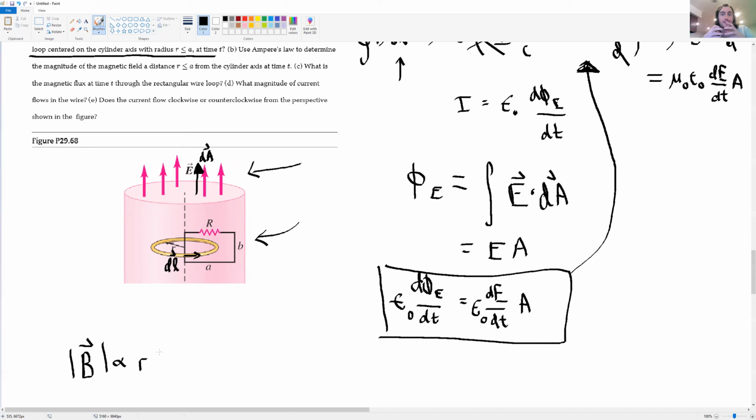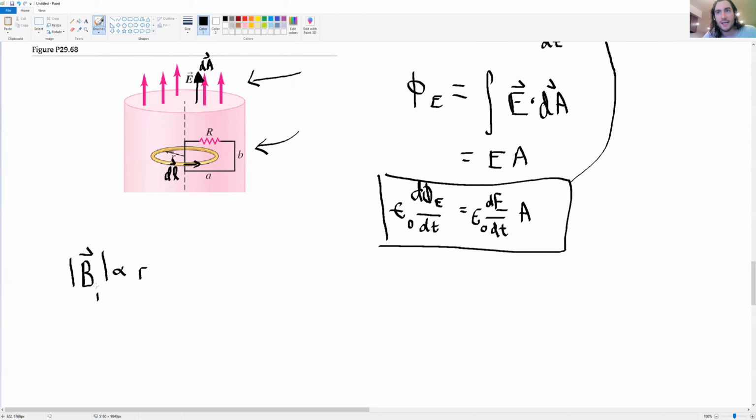So as we increase the size of the loop, it has more electric field inside. So that would mean the magnetic field would be increasing as we reach the surface of the cylinder. And then once we get outside of the cylinder, that's when we would expect the magnetic field to decrease with r. So this would be like B inside. Let me know if you guys are following the logic there.